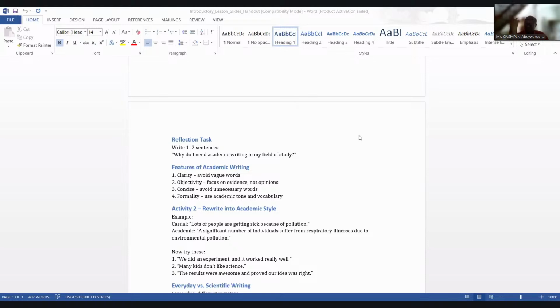Yeah. Academic writing helps academics, right? Academics in writing assignments, in exams, and when writing projects, something like that. It helps to create lab reports and research.